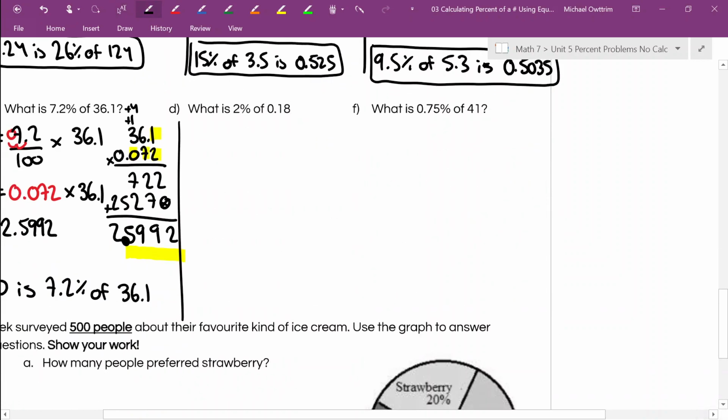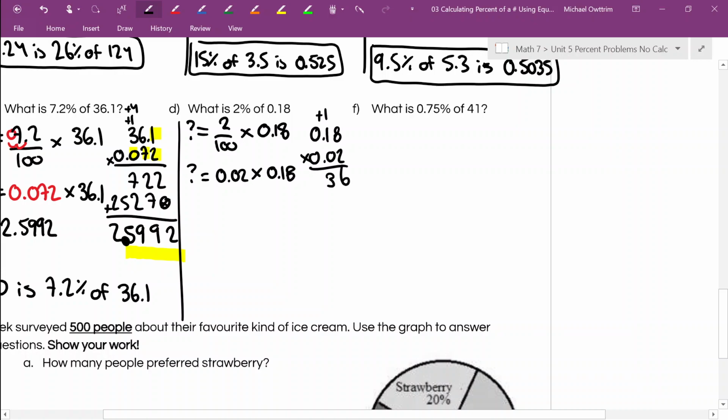2% of 0.18. What is 2% of 0.18? What is 0.02 times 0.18? Set that up to multiply. 2 times 8 is 16. 2 times 1 is 2, plus 1 is 3.